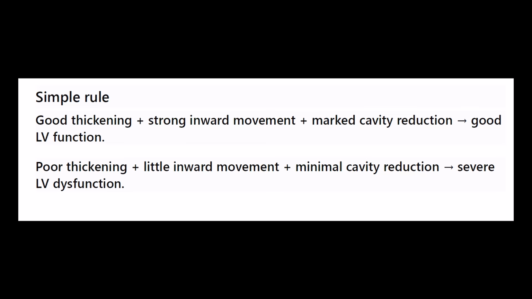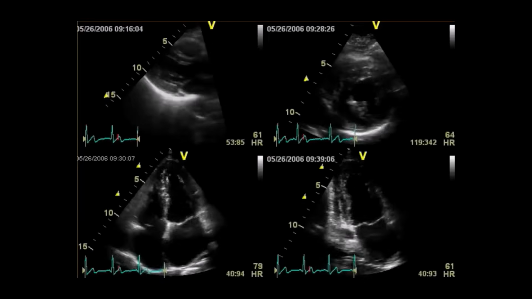And you can simplify that by just good thickening, strong inward movement, marked LV cavity reduction equals good LV systolic function, while poor thickening, little inward movement, and minimal cavity reduction indicates severe LV dysfunction. So if you apply the criteria that we mentioned for this example, you'll find good thickening of the LV walls, strong inward movement of the walls as well, and marked cavity reduction.